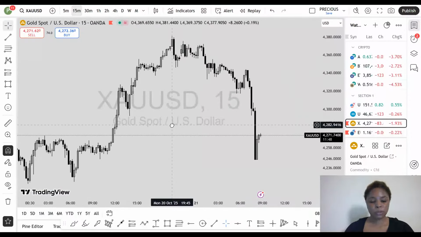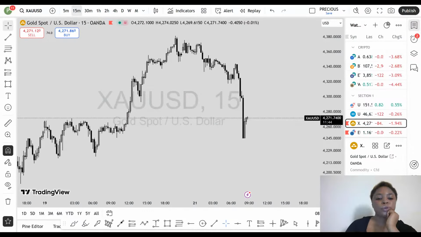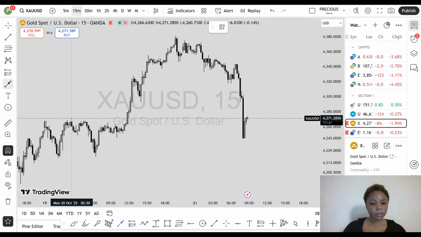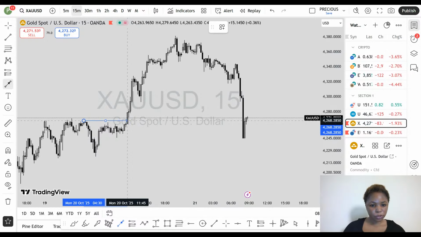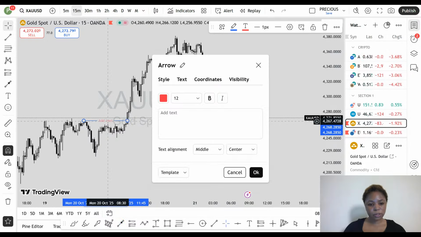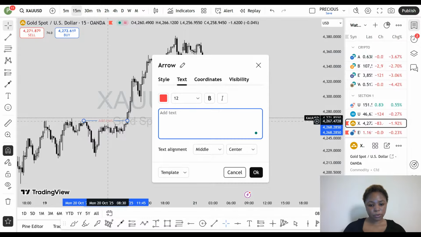All right. So looking for an entry now on 15 minutes. We have a break of structure here that price has already respected, you guys. We have a break of structure here and we have another block here that price has come to mitigate.